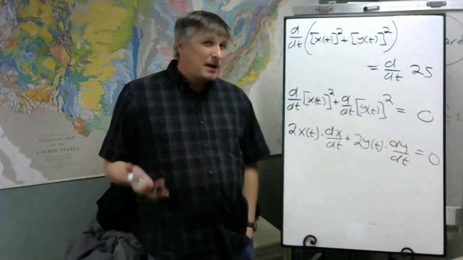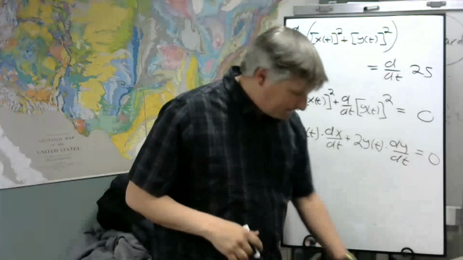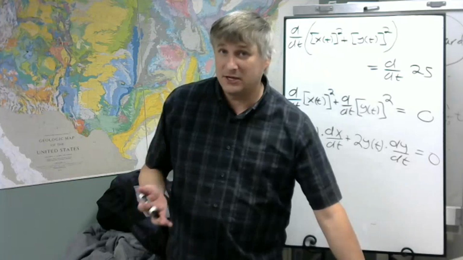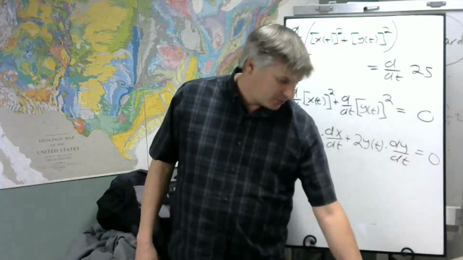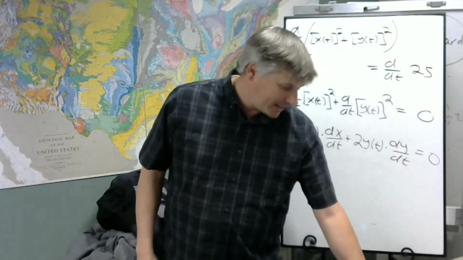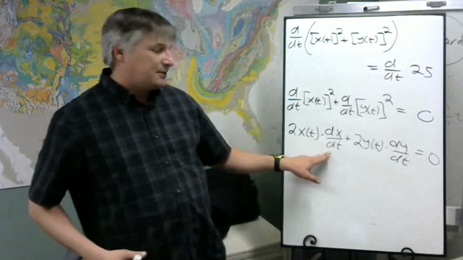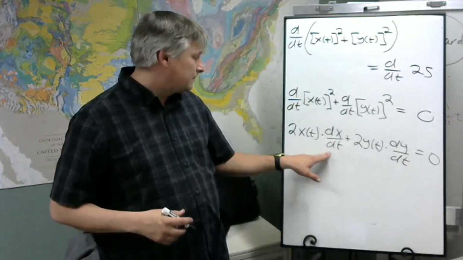So when we think about what this question asked in the beginning and what it gave us, it said dx dt was -2, and we're going to look for dy dt when x is 3 and y is -4. So here's dx dt. That's supposed to be -2.